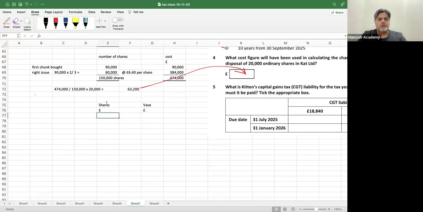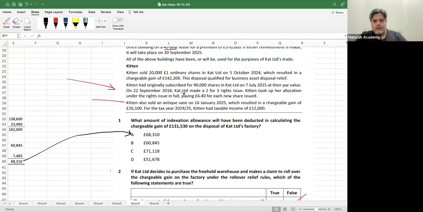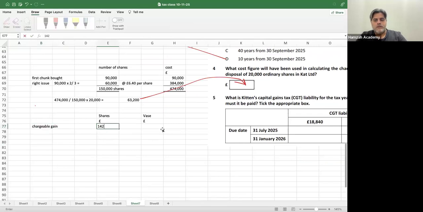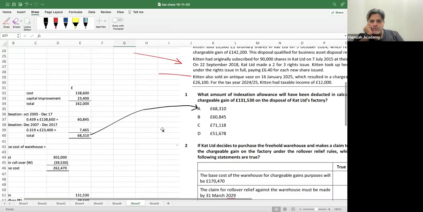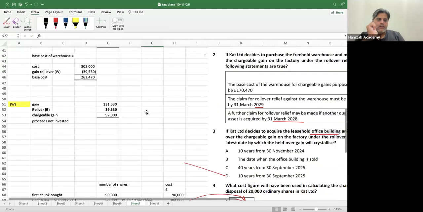Now, as far as the shares are concerned, we had 142,200 chargeable gain, whereas for the watch there was a chargeable gain of 26,100.